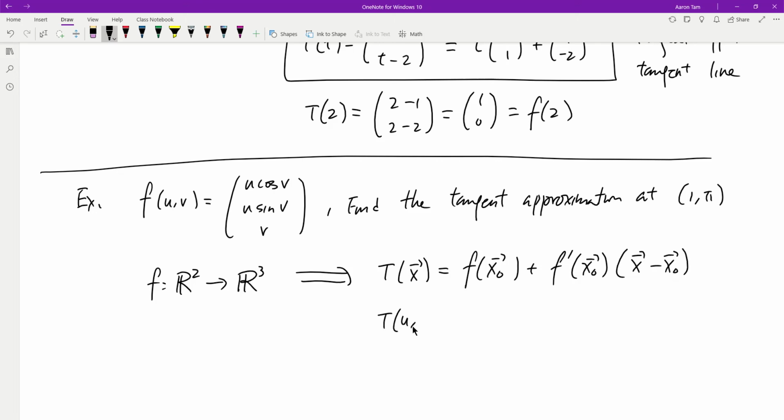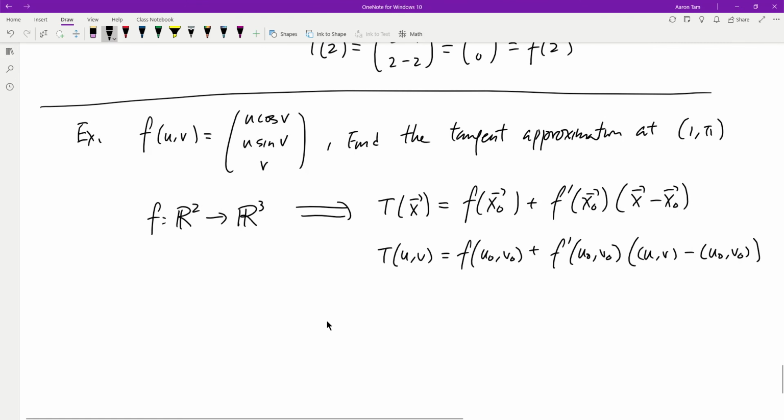It will be T of (u,v) equal to f of (u sub 0, v sub 0) plus f prime at (u sub 0, v sub 0) multiplied by (u,v), which is what vector x would be in this case, minus (u sub 0, v sub 0). And what is (u sub 0, v sub 0)? In this case it would be equal to (1, pi).